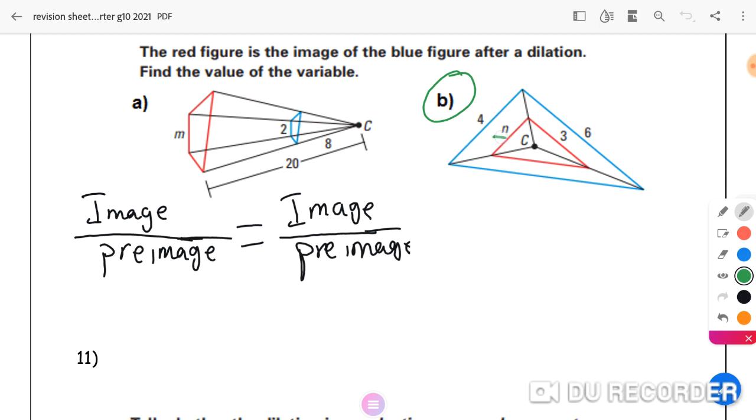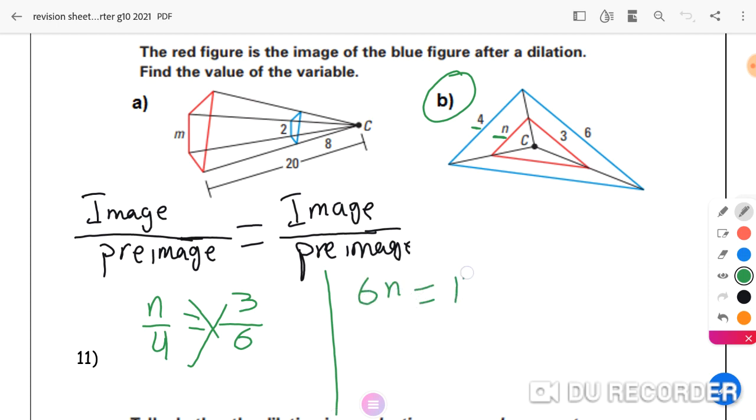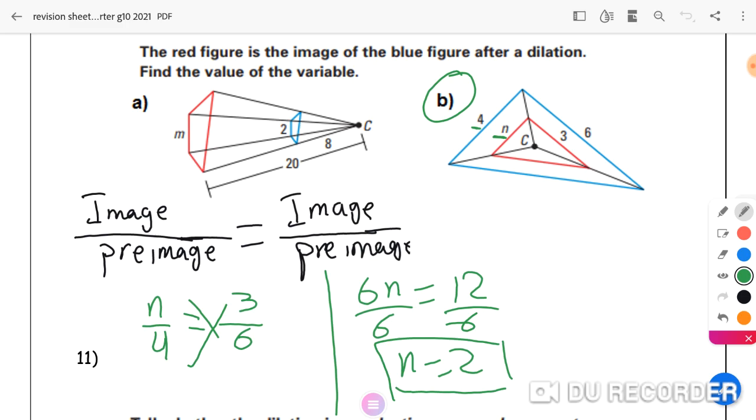So n over its corresponding side from the original side, which is n over 4, must equal the image length, which is 3 over 6. Okay, and by applying cross multiplication you will have 6n equals 12. By dividing by 6 you will find out n equals 2. So this is the required, n equals 2.